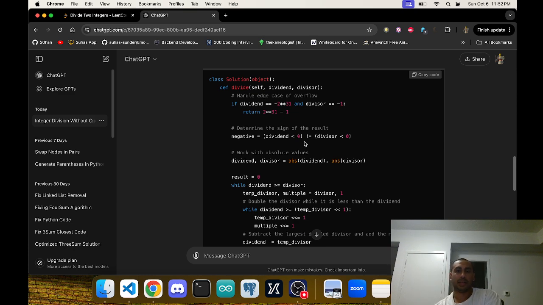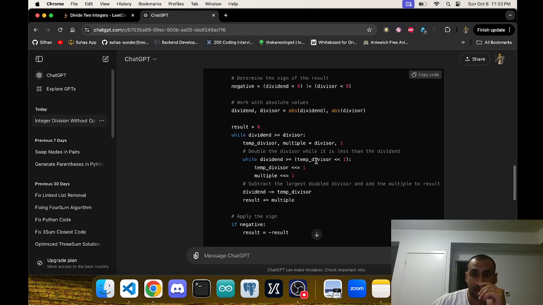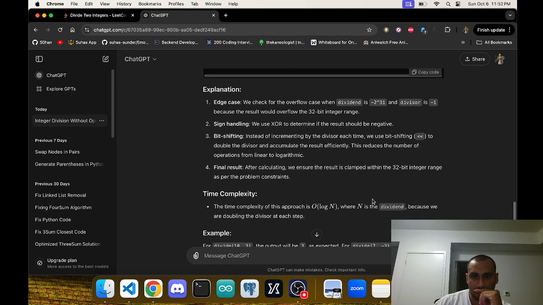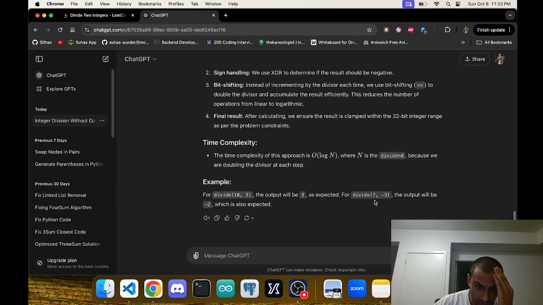Work with absolute values. Okay, cool. Result, dividend, divisor, temp divisor. Okay. XOR to determine whether it's negative.